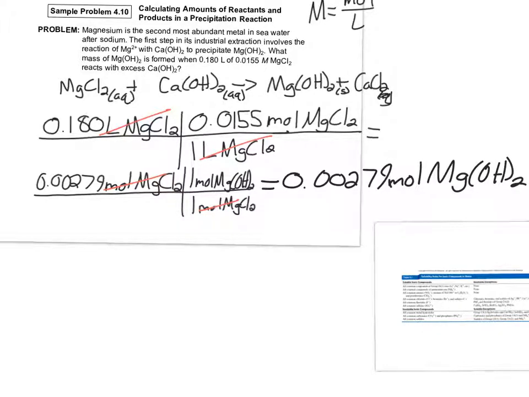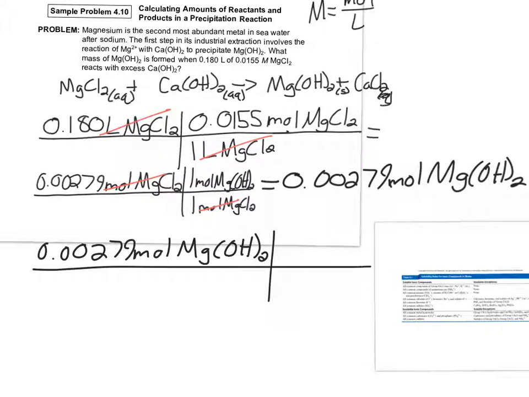But they want to know a mass. What is the mass of magnesium hydroxide? So I can now use a conversion factor that will get me from moles to mass. Moles of magnesium hydroxide. And that is the molar mass. Remember, the units for molar mass from the periodic table are grams per mole. So if I look at the periodic table, I'm going to add up. I have 1 magnesium plus 2 oxygens, so that's 2 times 16, plus 2 hydrogens, so that's plus 2 times 1.008.